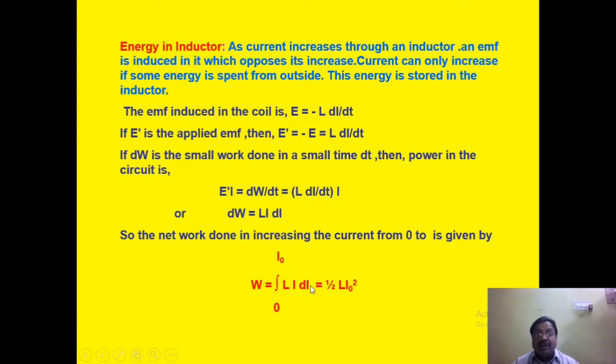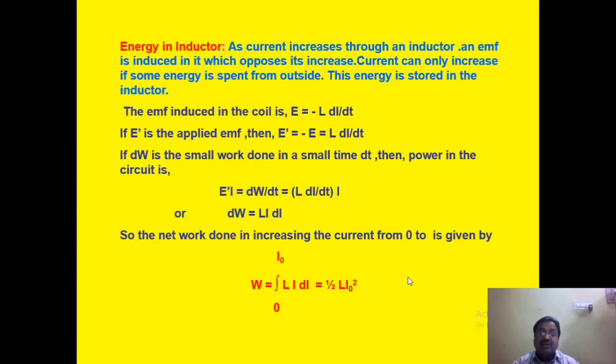After integration, it will have the value half L i square from limit 0 to I0. Put that limit, so it is half L I0 square. This work done is stored in the inductor as energy, which we generally call the energy of the inductor.